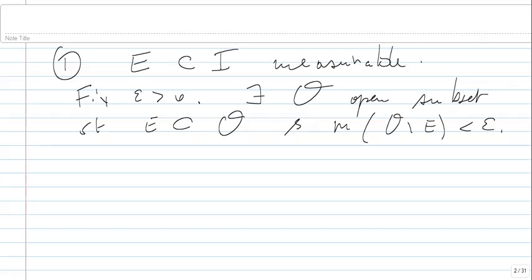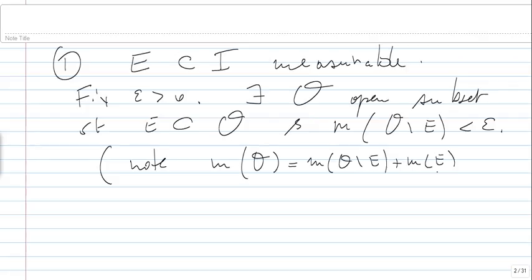It's easy to see. Note that the measure of O is equal to the measure of O minus E plus the measure of E, because O is open and measurable. And since the measure of E is finite, because I is a bounded interval, this is less than epsilon plus the measure of E, which is finite.